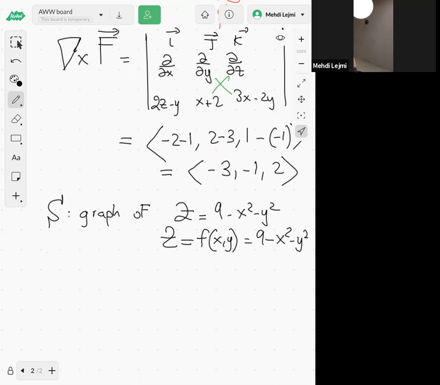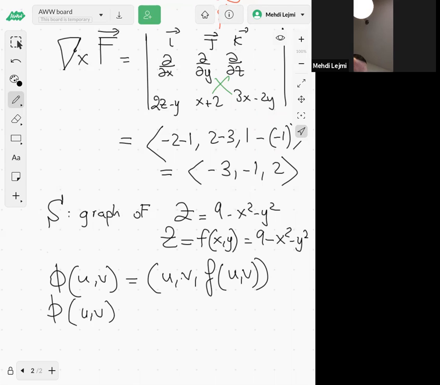The simplest parameterization is x is u, y is v, and the third component is the function f of u, v. So that's (u, v, 9 minus u squared minus v squared).